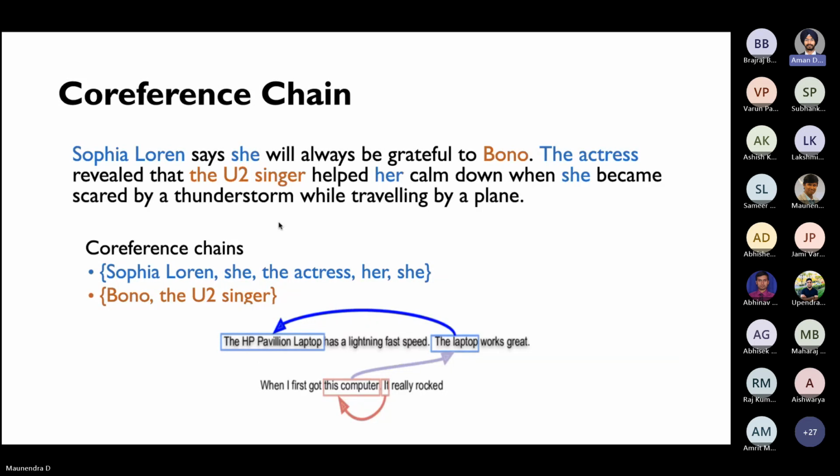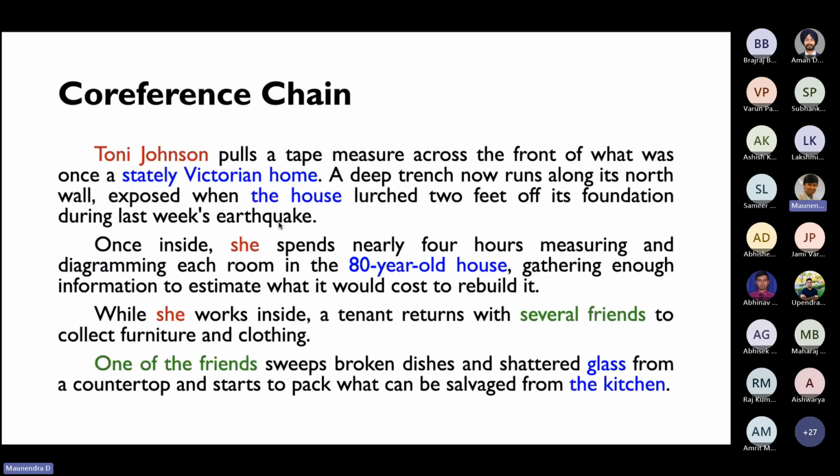Like Bono, the U2 singer is correct. So this is one anaphor as well as the antecedent, because the U2 singer refers to Bono. Okay, got it, sir. Thank you. No, that was the question I had. So there can be multiple co-reference chains, not just one.